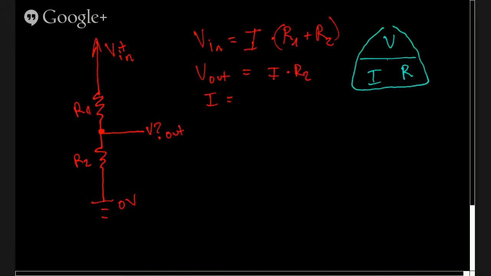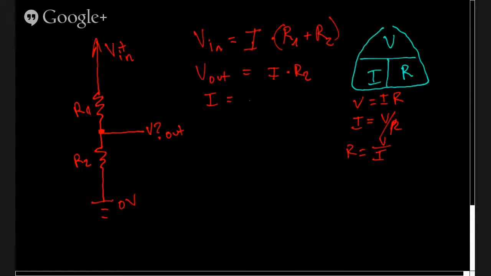We know that voltage is current times resistance, or that current is voltage over resistance, and that resistance is voltage over current.